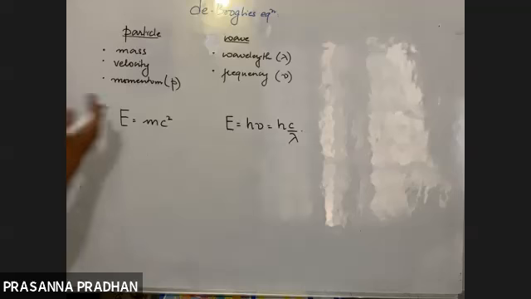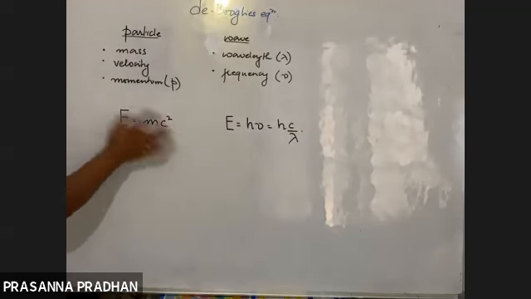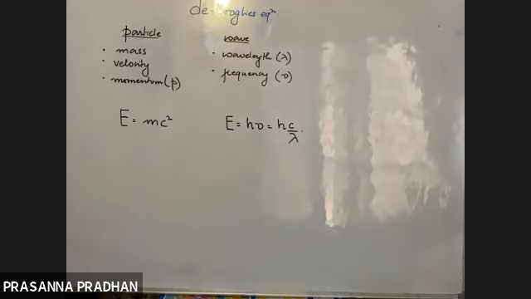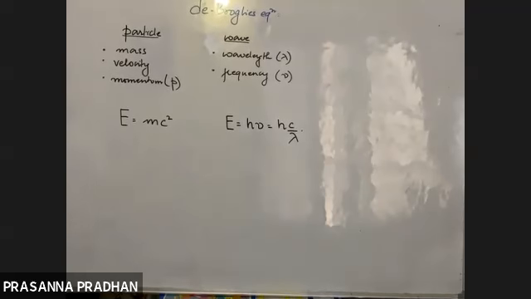So both express the energy. According to Einstein's mass energy equivalence, the energy of a particle E is equal to mc square. Try to understand: c is the velocity of the particle, and m is the mass of the particle.